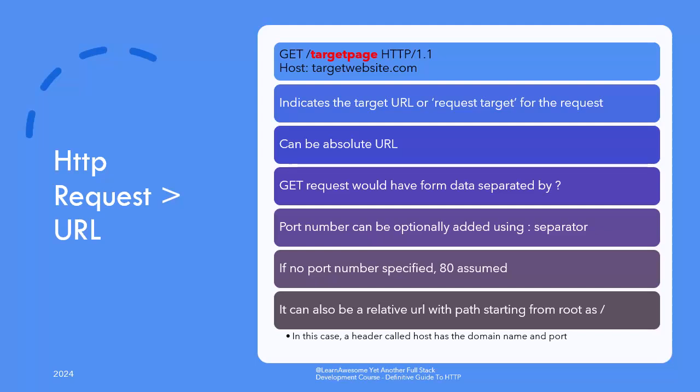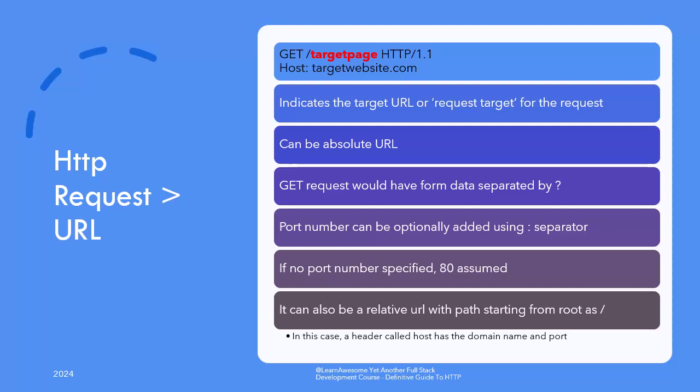In such cases, we specify the domain name in a request header called host, something that I'll cover later. The domain name can optionally be followed by a port number separated by colon sign, but if you don't specify, then HTTP protocol assumes the port 80. Please remember this even if you are unfamiliar with ports, since that is part of core knowledge of HTTP and would come in handy someday.